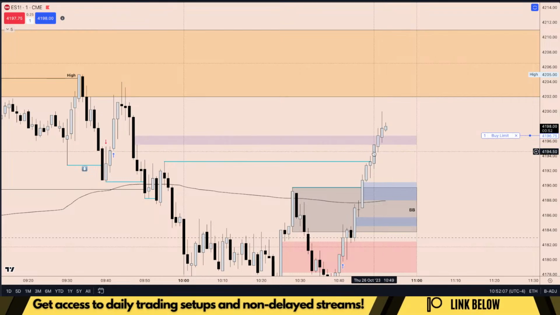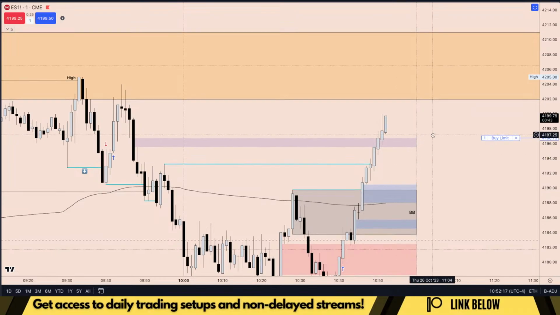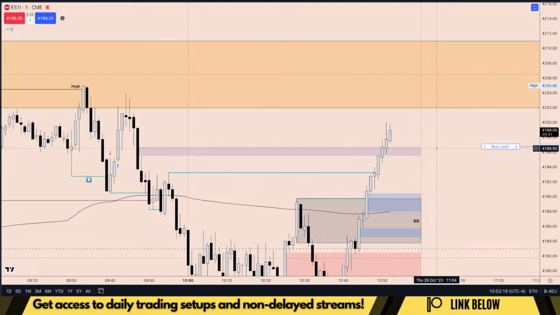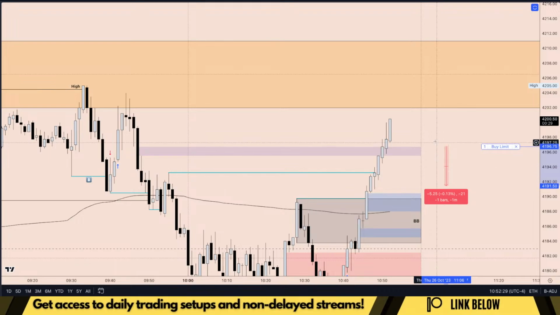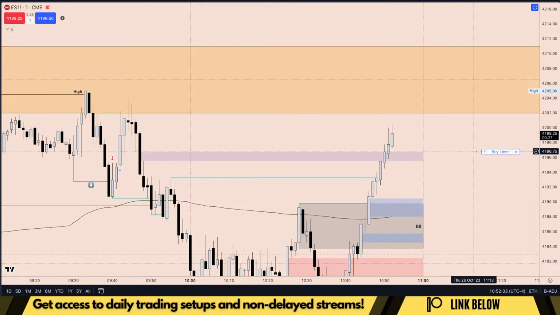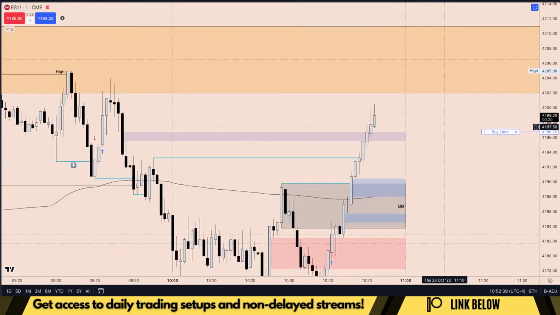I would not recommend anyone to take that, based on simply this inversion fair value gap, trying to catch the momentum. Yeah, high risk entry really, guys. We made a new higher high already. Buy side is still above here, new day opening gap up here.